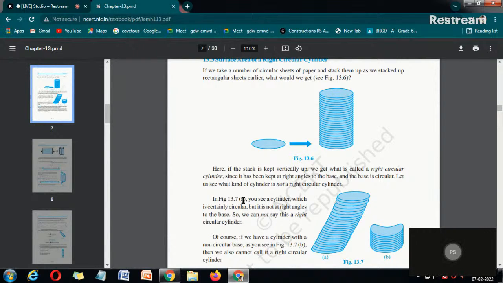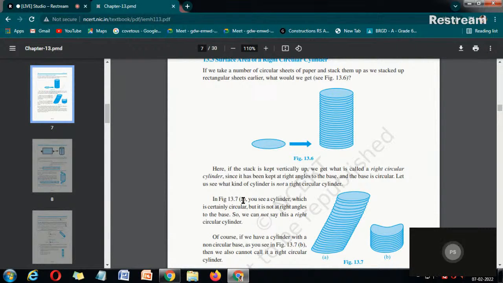Now, if a cylinder should be covered with colored paper, how will you do it with the minimum amount of paper? First, take a rectangular sheet whose length and breadth are just enough to go around the cylinder, whose breadth is equal to the height of the cylinder, as shown in 13.8. The area of the sheet gives the curved surface area of the cylinder.